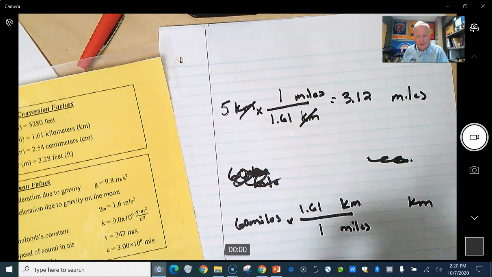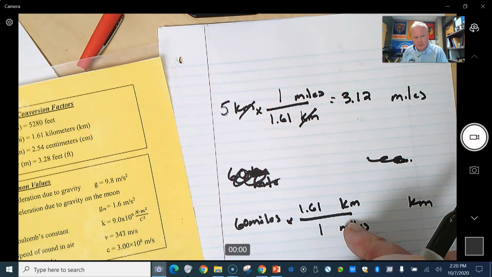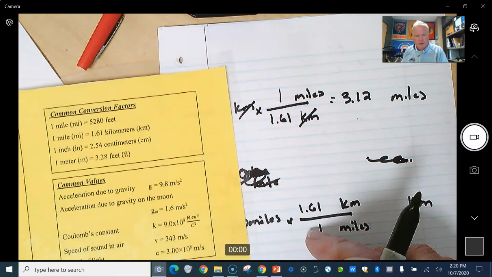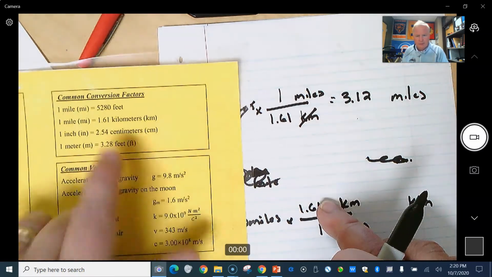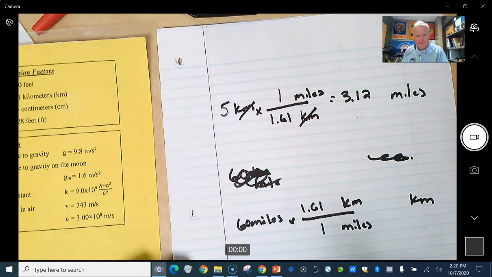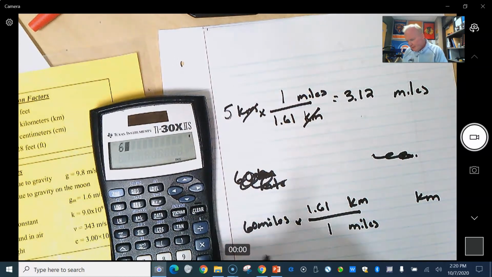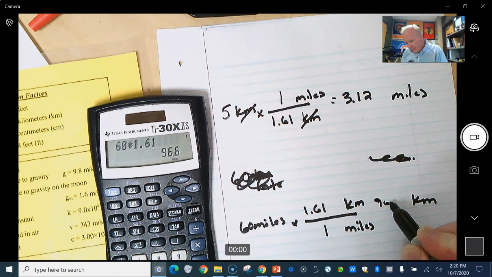We don't have to worry about that because we're always following the same methodology. Write down what we're given, write down our unit we want to go away from, write down our unit that we're going to go to, and then look at our numbers and put those in. 1 mile equals 1.61 kilometers. So now we're going to end up multiplying 60 times 1.61, and so 60 times 1.61 equals 96.6 kilometers.